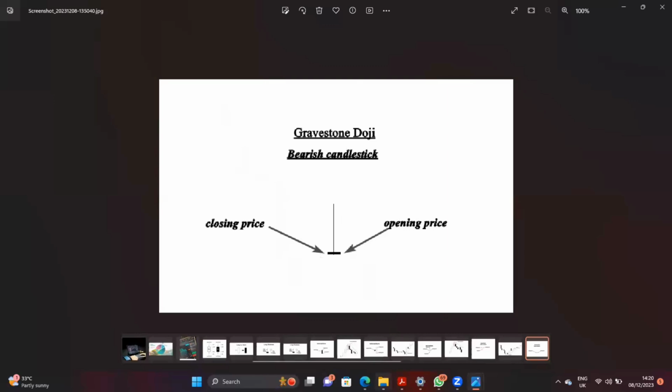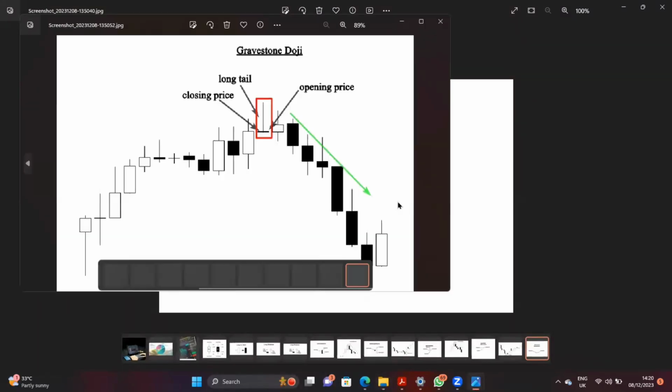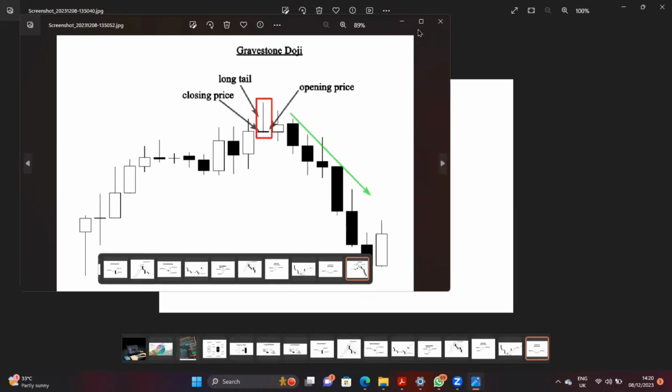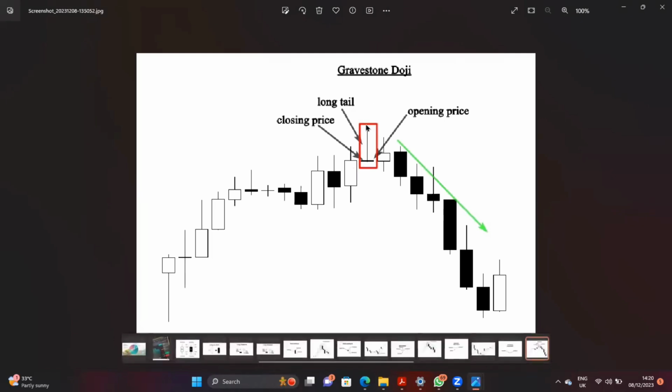Okay, let's see more examples of that on our chart. You can see what happened here. That's the gravestone doji in action. We have the long tail just above, the closing price just around the zone, and then the opening price.